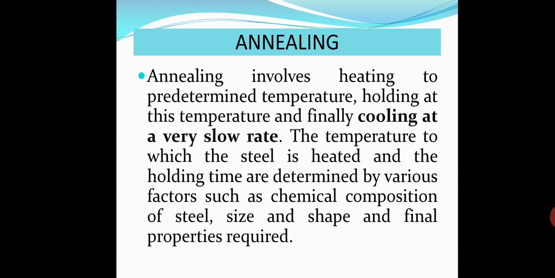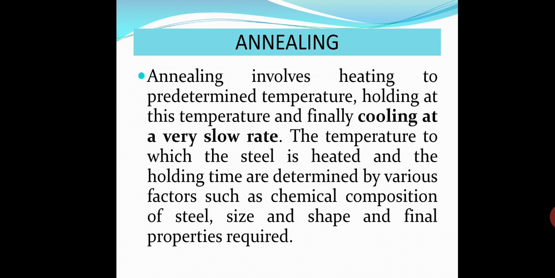One important process is annealing. Annealing involves heating to a predetermined temperature, holding at this temperature, and finally cooling at a very slow rate. Remember, for annealing, cooling at a very slow rate.